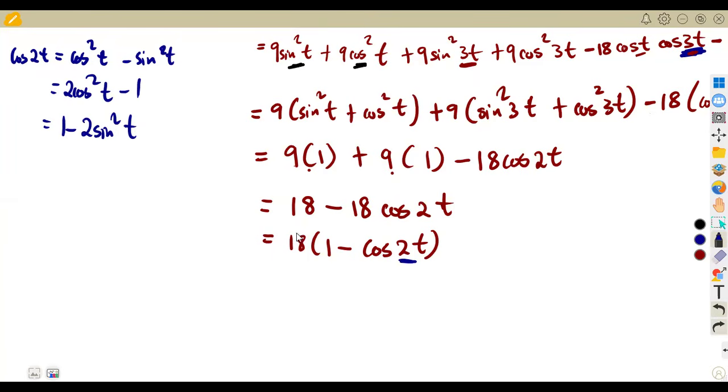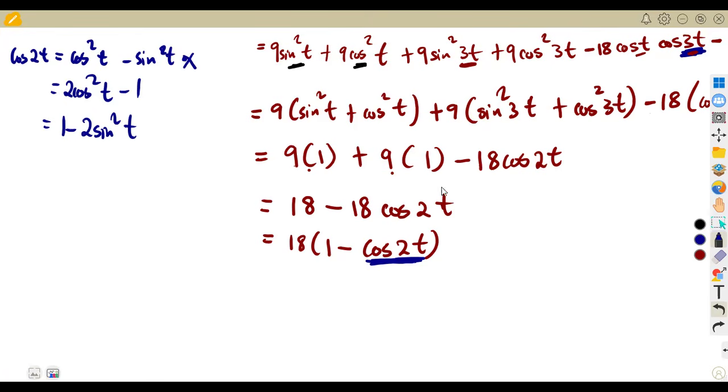So I want us to take a closer look. If we are to take this cos 2t here, this is the one that you want to simplify. If we use the first identity, that will be 18 times cos, so the chances of us having a single term are very, very small. So this one is out. You move on to this one.